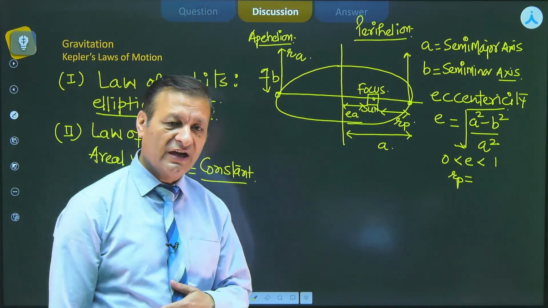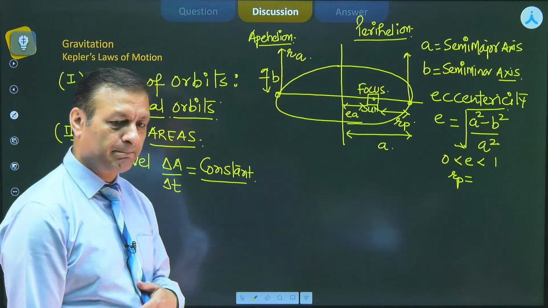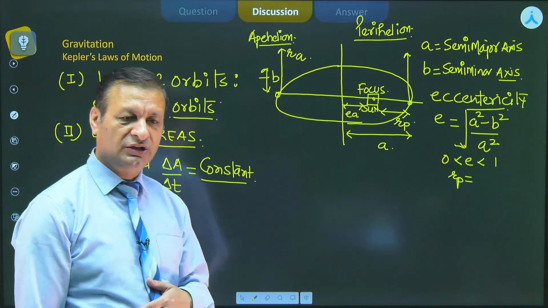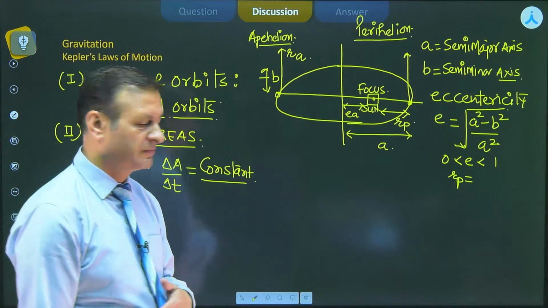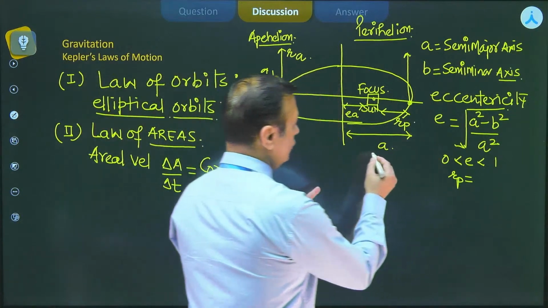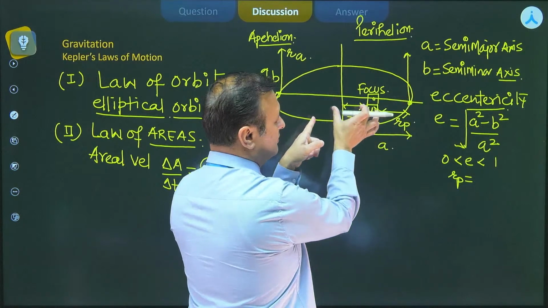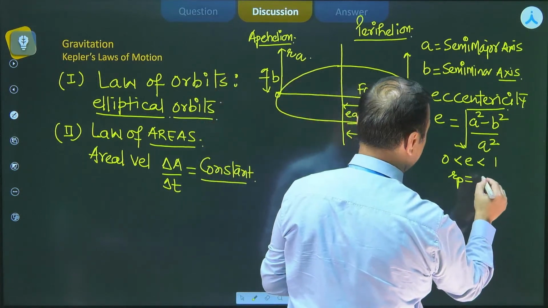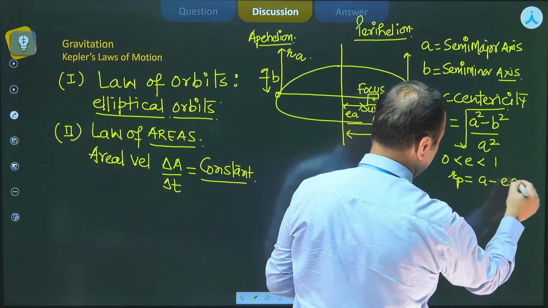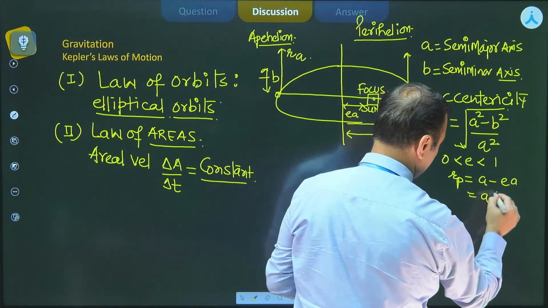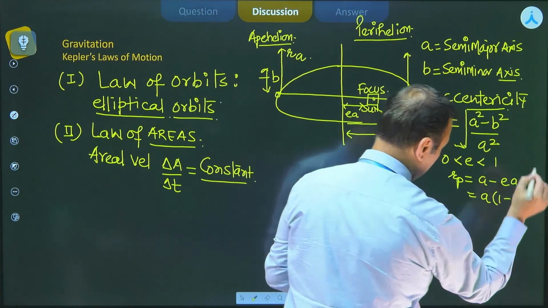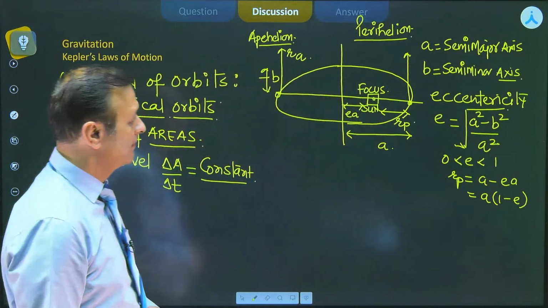Can you define this RP? Yes, Nishant? If you look at this, this is complete A, and when you subtract this one, RP is A minus EA. So this is A times 1 minus E.